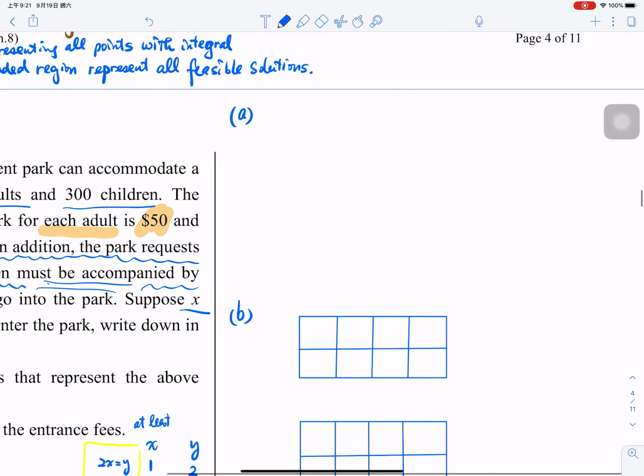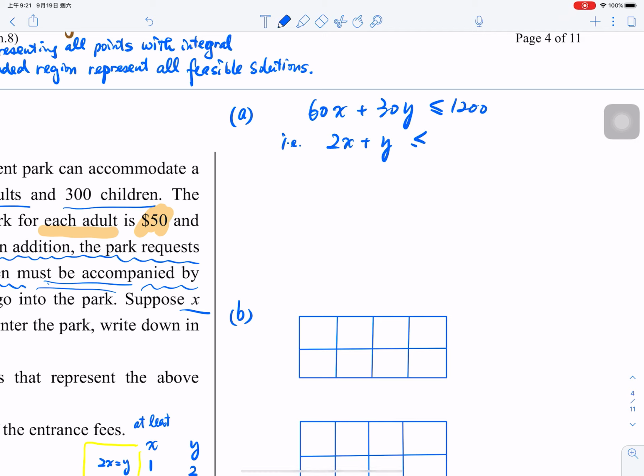So 60x plus 30y smaller or equals 1,200, right? And you can simplify as 2x plus y smaller or equals 40, right? This is the first one.